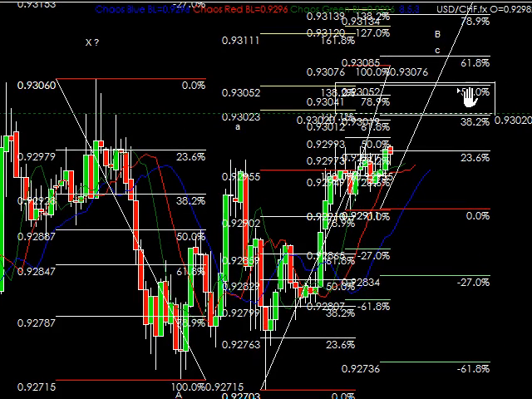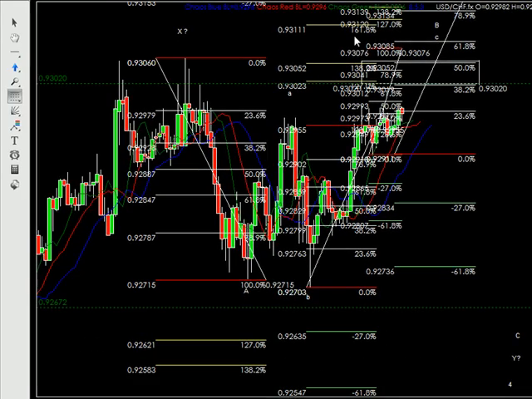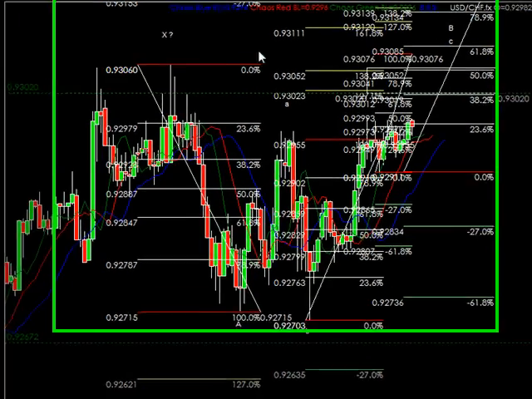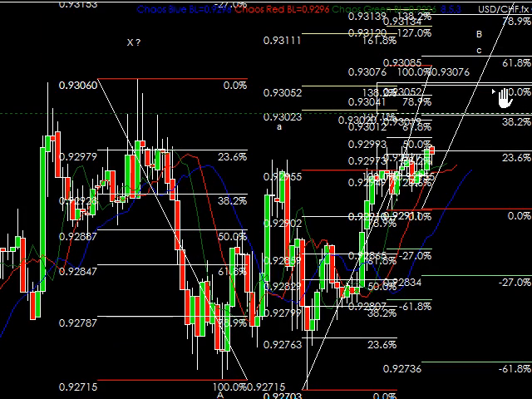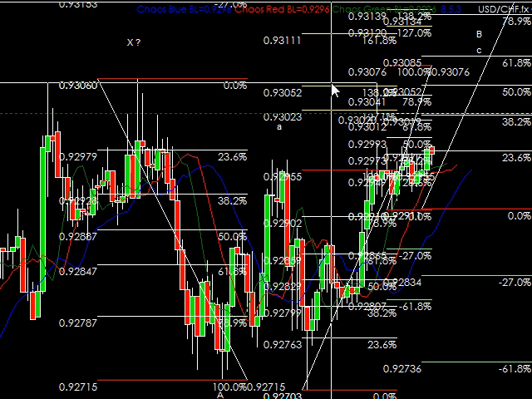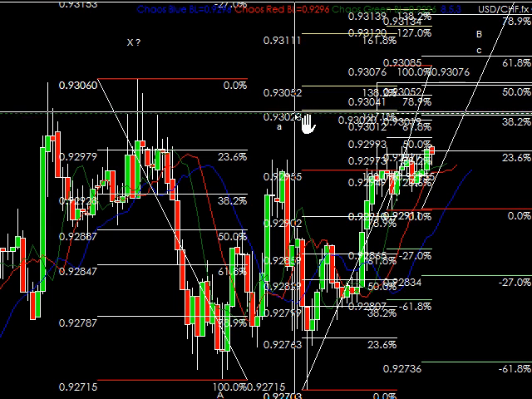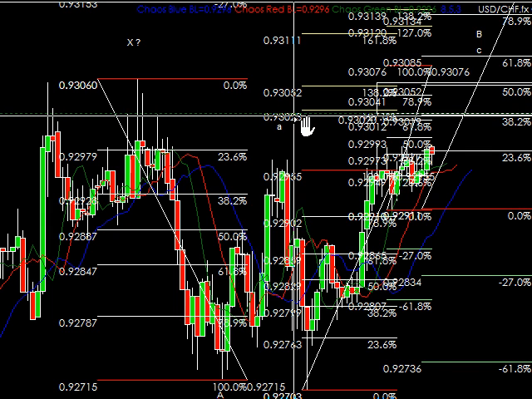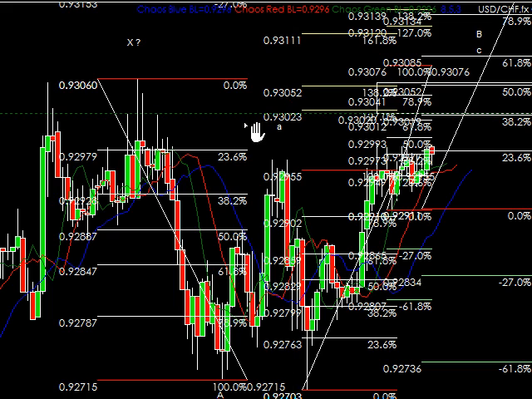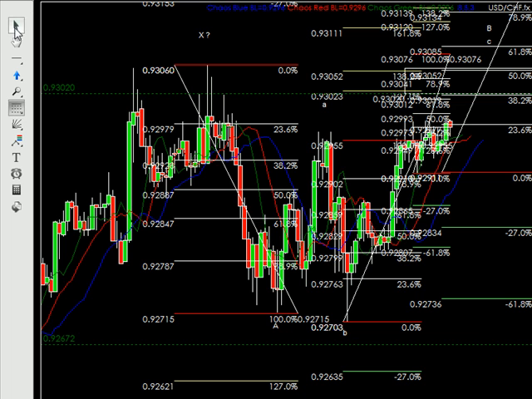So, looking at these lines here, I'm anticipating that the price levels would be somewhere around this line here, which is 93.05, and this line here, which is 93.02, which is essentially a very, very small range to look at.